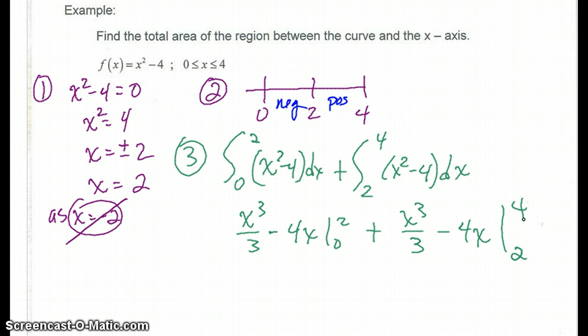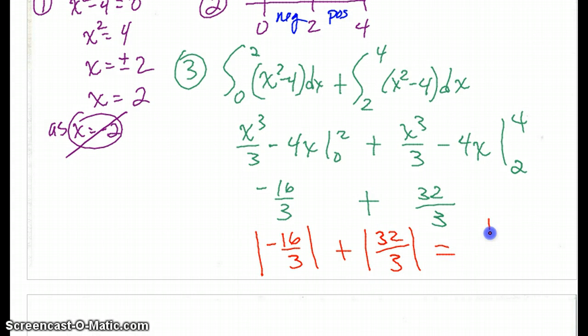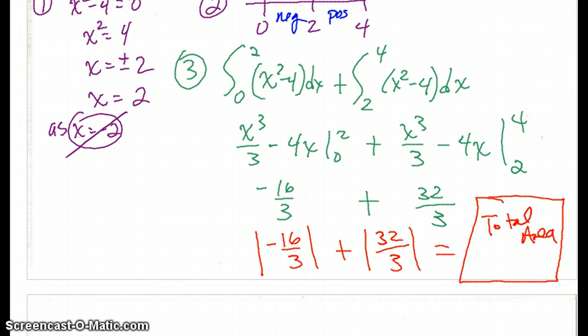When we solve this, we get negative 16 thirds, 32 thirds. We're still adding them together, but what do we need to do to make sure we have the total area? We need to ensure that we are taking the absolute value for a total area that is equal to 16.